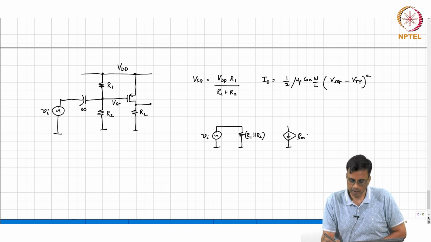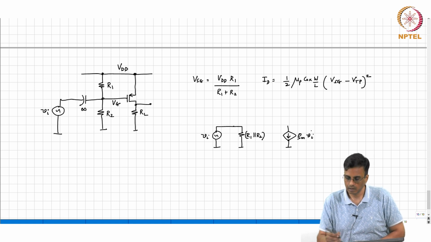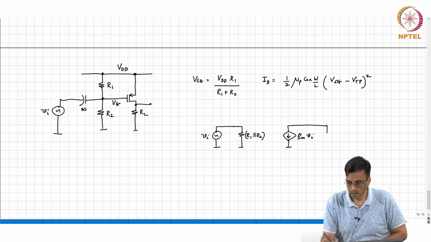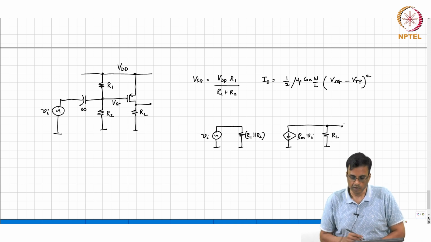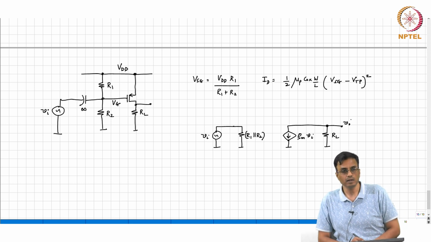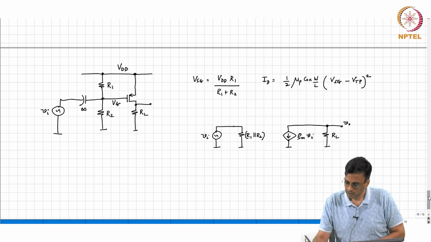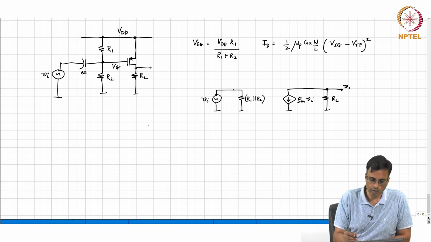This is Gm times Vi, which happens to be Vgs in this case, and then it is RL and the output is Vo. And what is the incremental gain? Minus Gm RL, right. This is the same old common source amplifier that we have looked at. Is it clear?